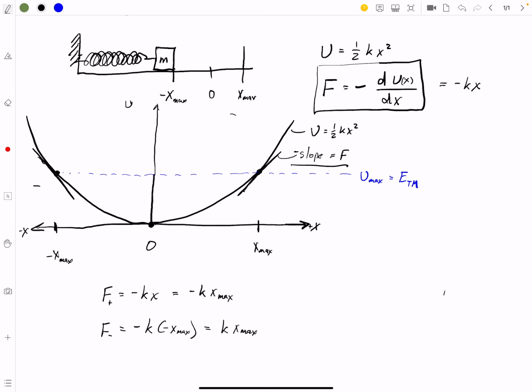So it's a minus slope at minus a position, and two negatives make a positive. So we end up with a force. The force at this point is going to point to the right, and this force is going to point to the left. Okay, that's how it's done.